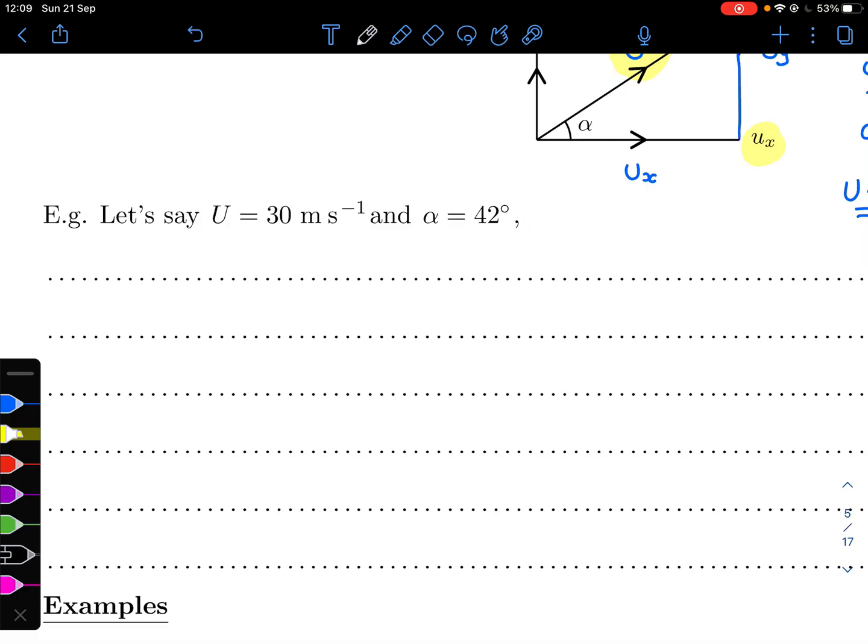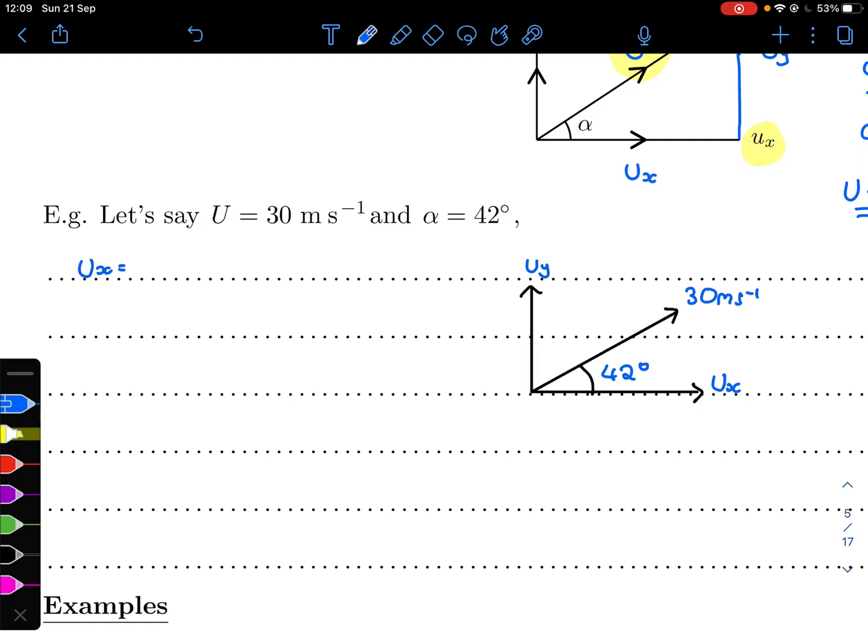We've got an initial velocity of 30 meters per second, an angle of projection of 42 degrees, and we're pretty much always going to want to do this to find out the vertical and horizontal components of that 30 meters per second.